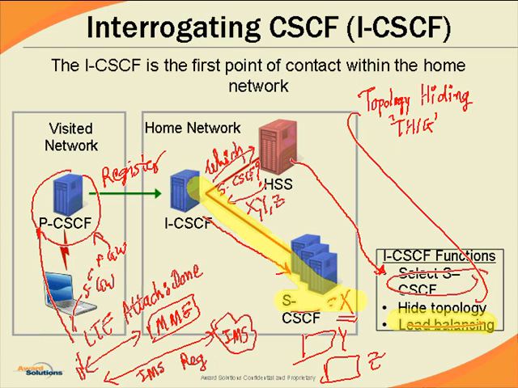For example, it will say it went from node 1 to node 2 to node 3, node 4, right? You can get the whole end-to-end path by observing SIP signaling messages.